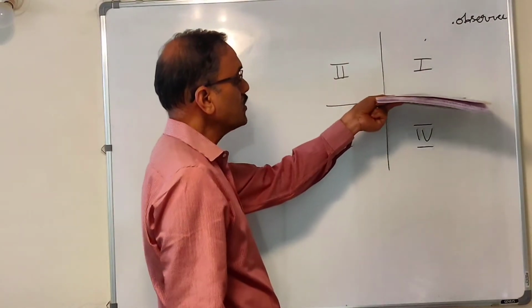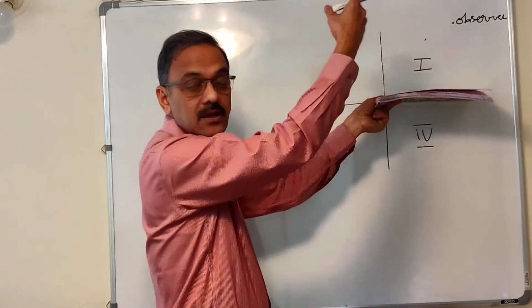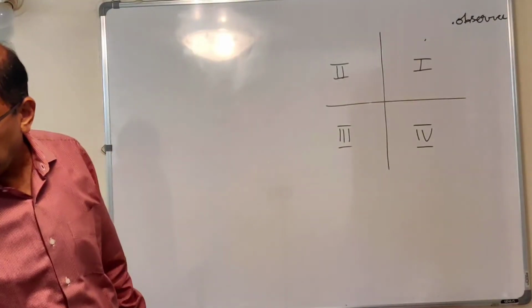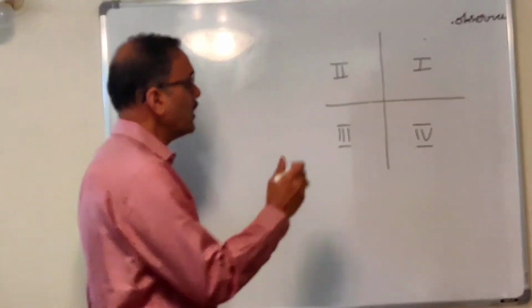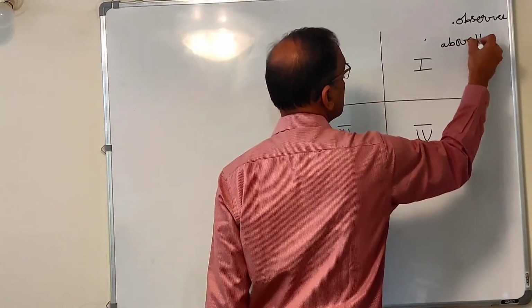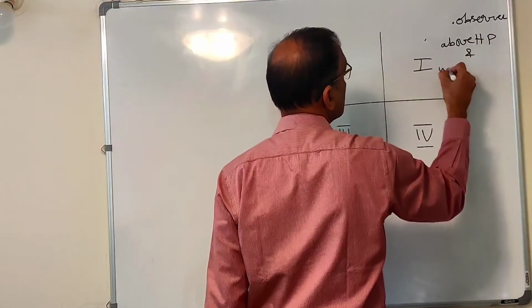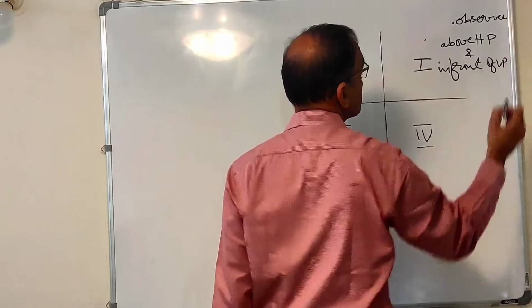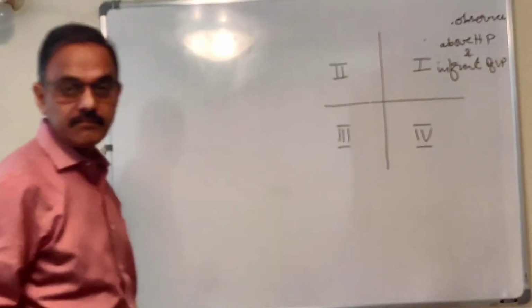Similarly, with reference to HP, I can say the point is above HP. I'll write down the same thing in the first quadrant. If there is a point in the first quadrant, I can say it is above HP and in front of VP. Is that understood?